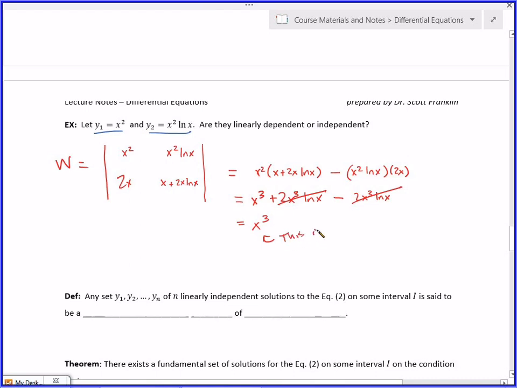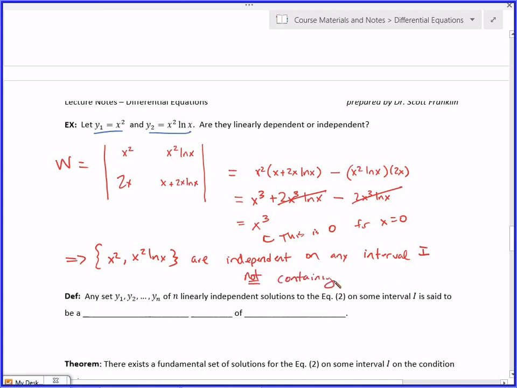This is 0 for x equals 0, which means this set, x squared and x squared natural log of x, are independent on any interval I not containing 0. That's all we can say.